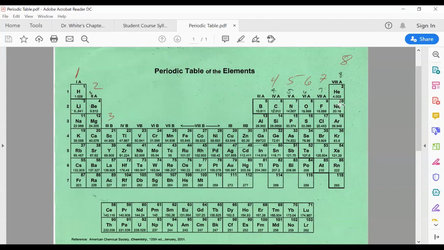What's the difference between 12 and 10? 2. What's the difference between 12 and argon 18? 6. Which is the smallest number? And hopefully I'll pick 2. And therefore, that's why you pick neon. It wants to have 10 electrons, the same number of electrons as the nearest noble gas, because that makes it stable. Did that help?